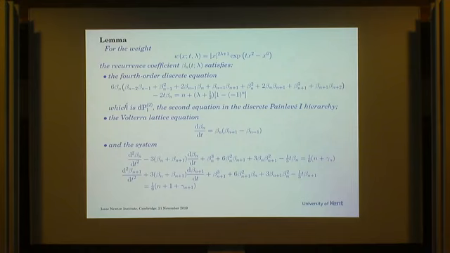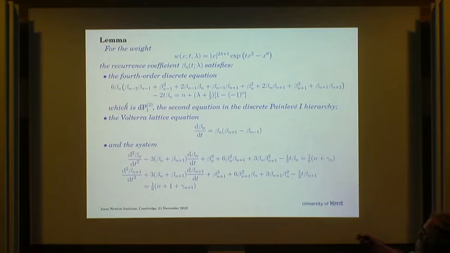So now, if you take the generalized Freud weight with order 6, it satisfies a fourth order discrete equation, which is actually called dP2. It's the second equation in the discrete Painlevé I hierarchy.